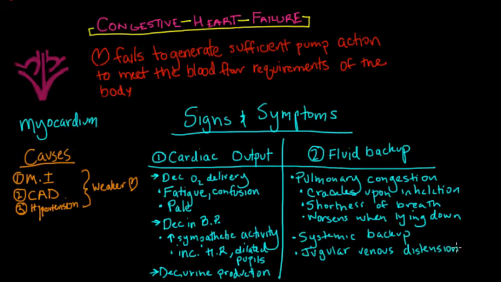So this is something that you can look for on exam. In addition, we're going to see edema or peripheral swelling. The peripheral swelling you will either see in the ankles or in the hind region if they're bedridden. So the ankles, if they're going to be walking around, gravity is going to pull that fluid that's been backed up down towards their feet, and it's going to swell.